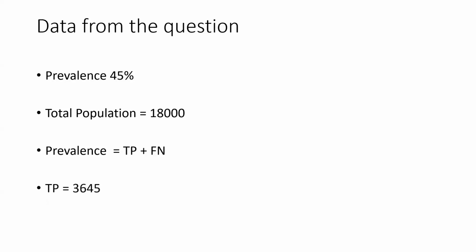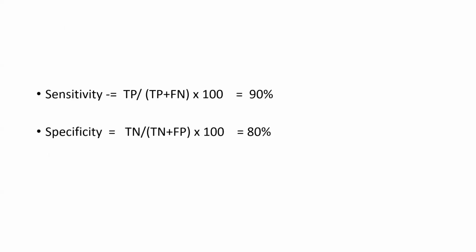We additionally got the result for TP, and that was 3,645. So how do we use this information to make the various calculations and to construct the contingency table? Firstly, there are 2 additional pieces of information that would have been given to you in the question: sensitivity 90%, specificity 80%.